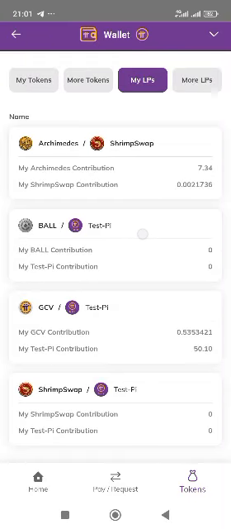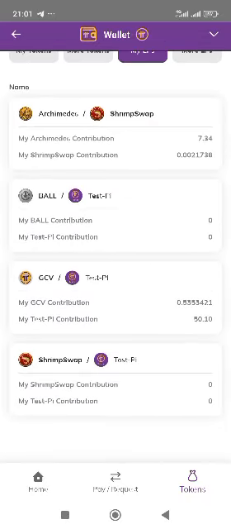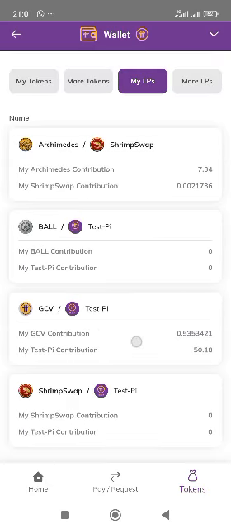And if you want to provide liquidity, it must be 2 coins. I used Archimedes and StreamSwap, Ball and TestPy, GCV and Pi, StreamSwap and TestPy. You provide half of the first coin, half of the second coin, then they add it together. It will be locked in a pool. That is just the summary of what is here.